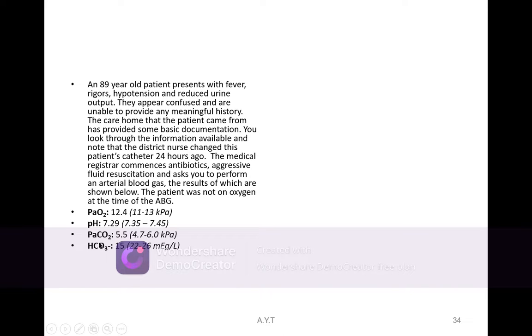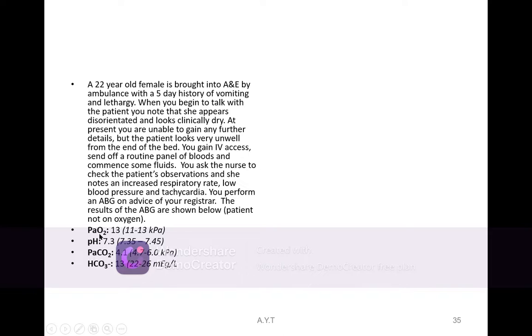It is an uncompensated type of metabolic acidosis. PaO2 is 13, pH is 7.3. 13 is normal, pH is 7.3, lowered, acidemia. PaCO2 is 4.1, which means that it is less than 35, lowered down. Lowered down means that you have exhaled much carbon dioxide.